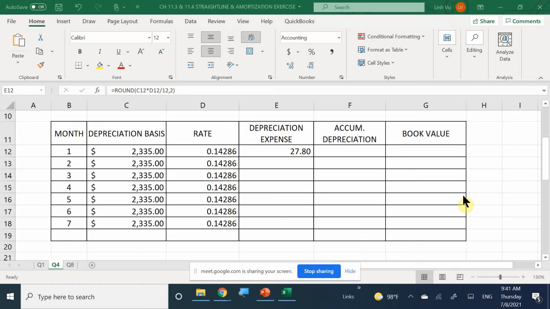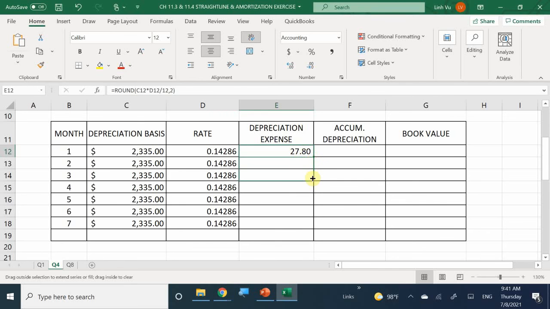All right, so the last thing I was talking about earlier was, now that we know how much we're going to depreciate for the very first month, what is going to be my depreciation expense for the second month? It'll be the same, right? It will be the same because in this context, we're looking at how much it's going to cost me every single month. So that is going to be correct. It's going to be the same every single month.